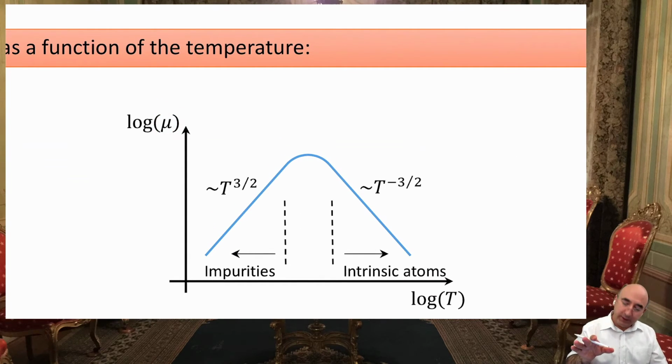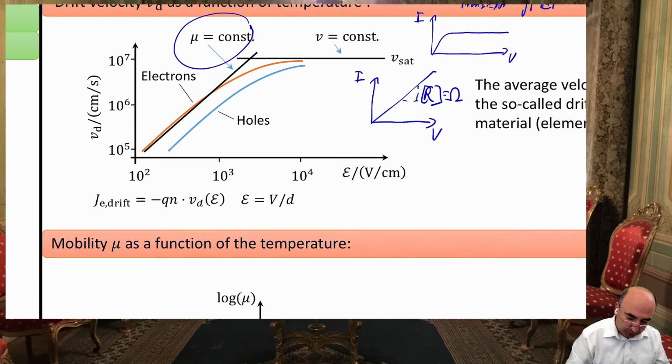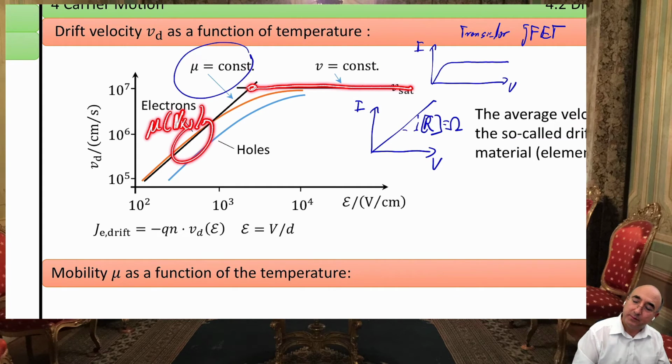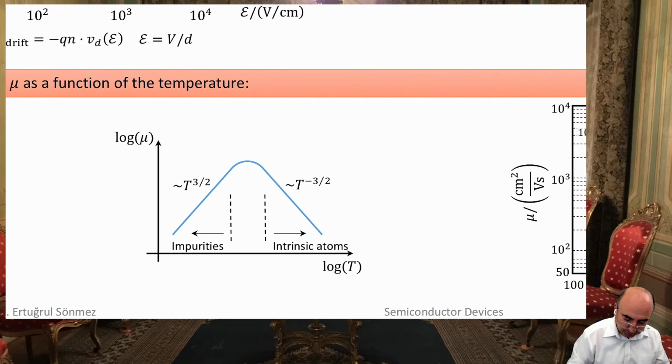We have seen that the mobility is no more constant if we increase the speed. Before we reach this saturation, we have also some functions of doping and something else. Let's talk about the temperature.